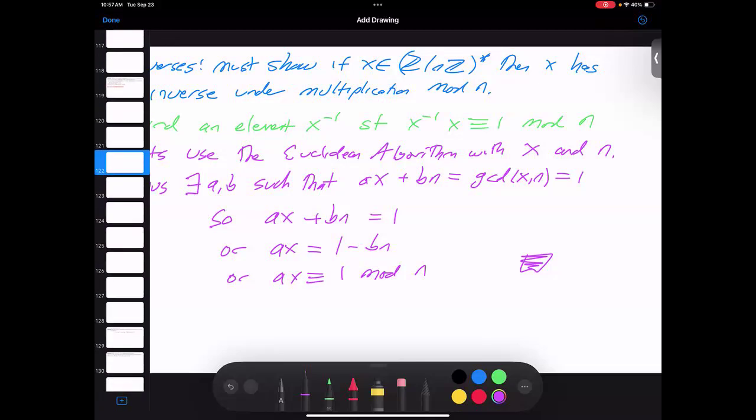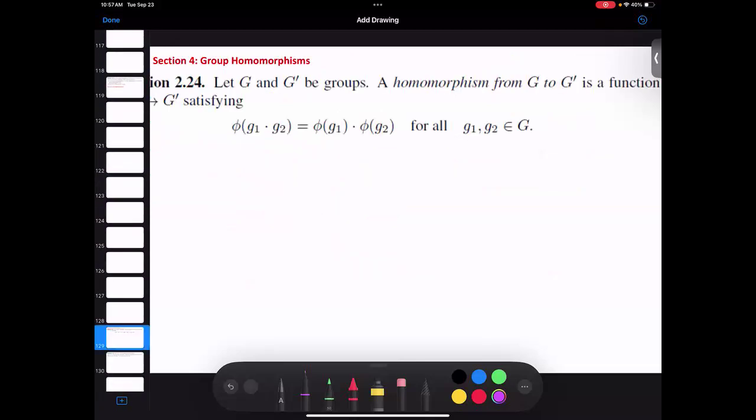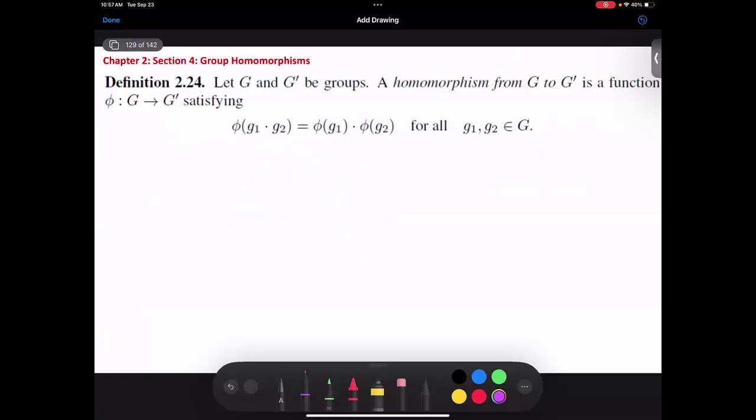Okay. And so now, skipping a little bit ahead to some of the other material from the chapters, let G and G prime be two groups. A homomorphism from one group G to another group G prime is a function phi satisfying phi of the composition of g1 and g2 is phi of g1 composed with phi of g2.